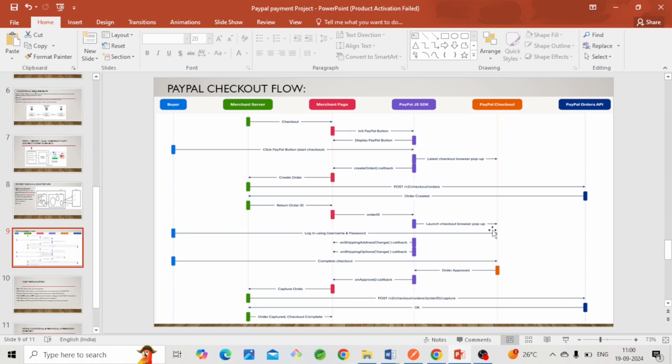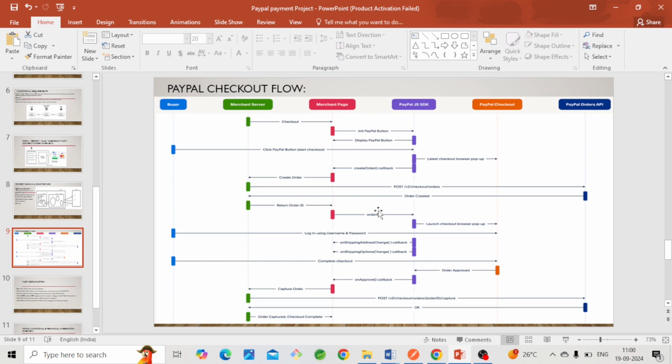Then the customer logs in using username and password. When the pop-up comes, the buyer is able to log in. The order ID is returned to the merchant page from the merchant server.